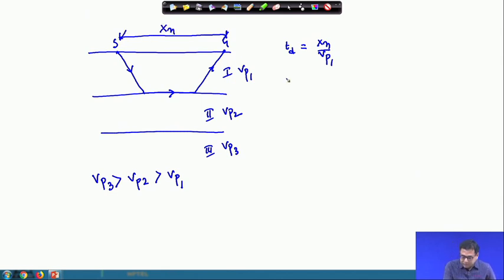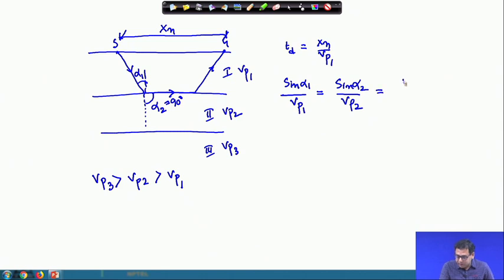If this angle is alpha 1, then sin alpha 1 divided by VP1, and this angle is alpha 2, will be equal to sin alpha 2 divided by VP2, as alpha 2 is 90 degrees.